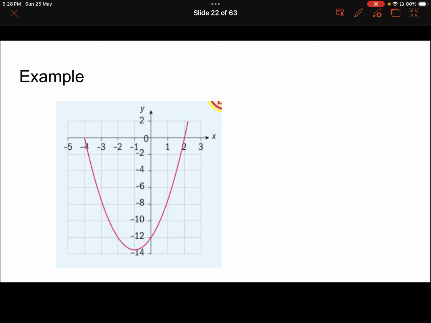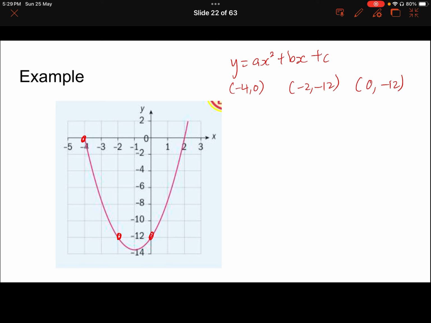And finally, there is another way where you could use the GDC to find the equation of this, again for the AI students. If you were to pick any of the 3 points here, what you could do is substitute all these 3 points into this equation.